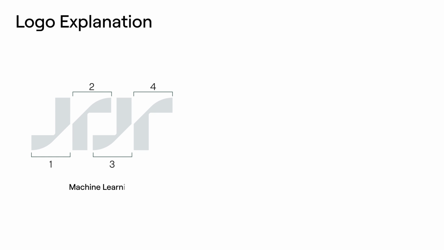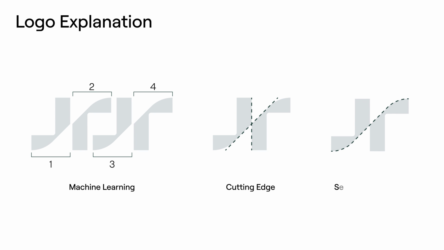The AI machine learning aspect is represented in the logo type by repeating one shape 4 times, symbolizing the adaptable and learning process of the AI. The cutting edge aspect is shown through the cutouts, seamlessness through the continuous flowing line, and the human element through the rounded shapes.